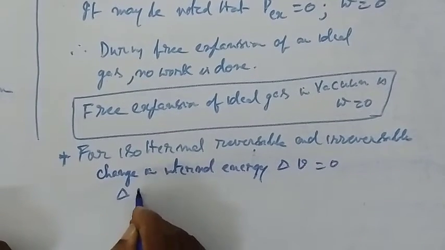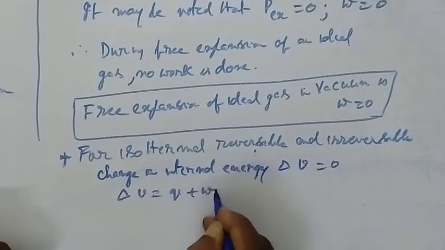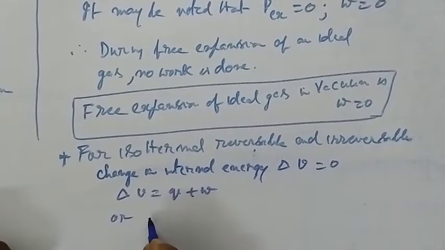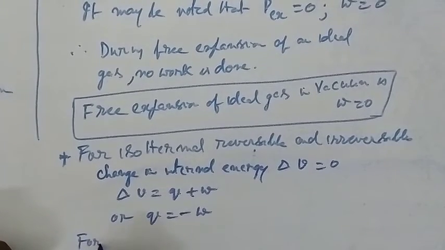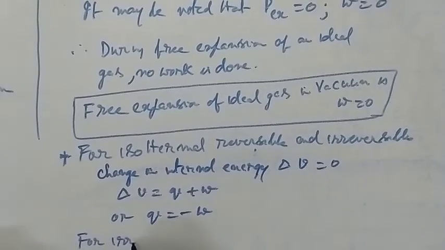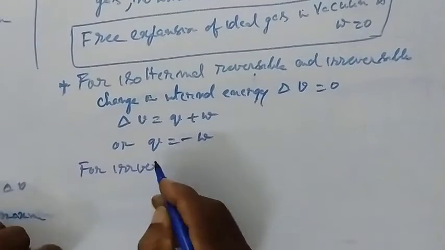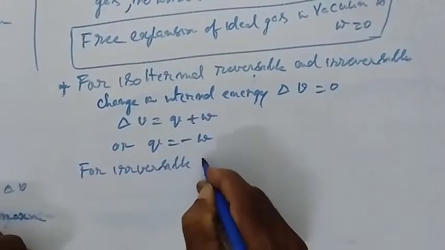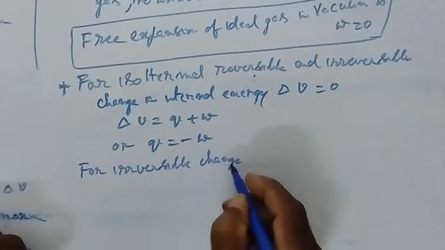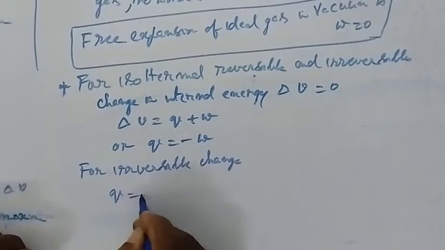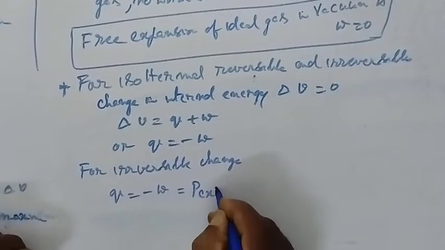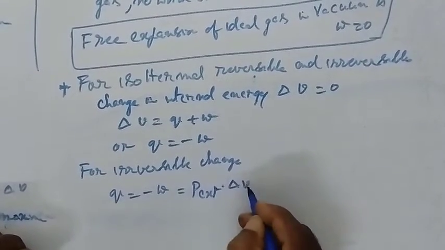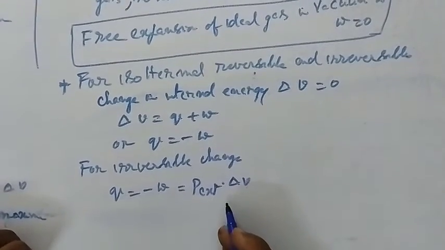So delta U equal to Q plus W, or Q equal to minus W. So for irreversible change, Q equal to minus W is equal to P external into delta V.